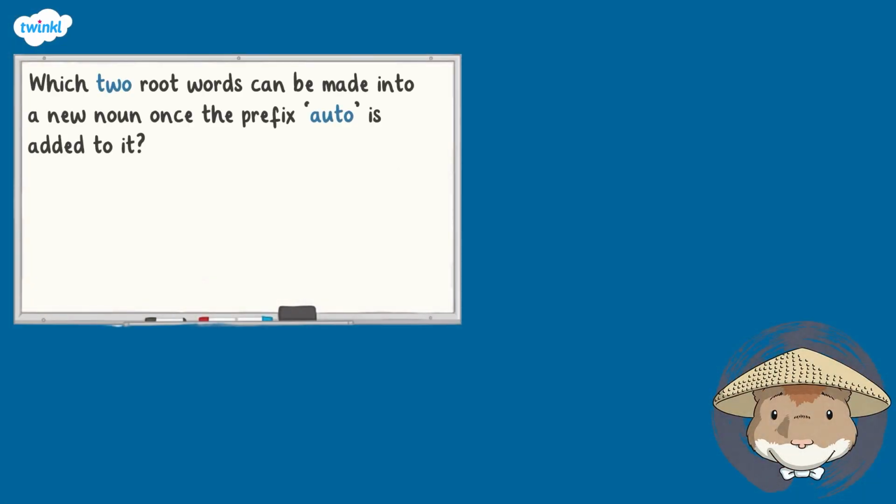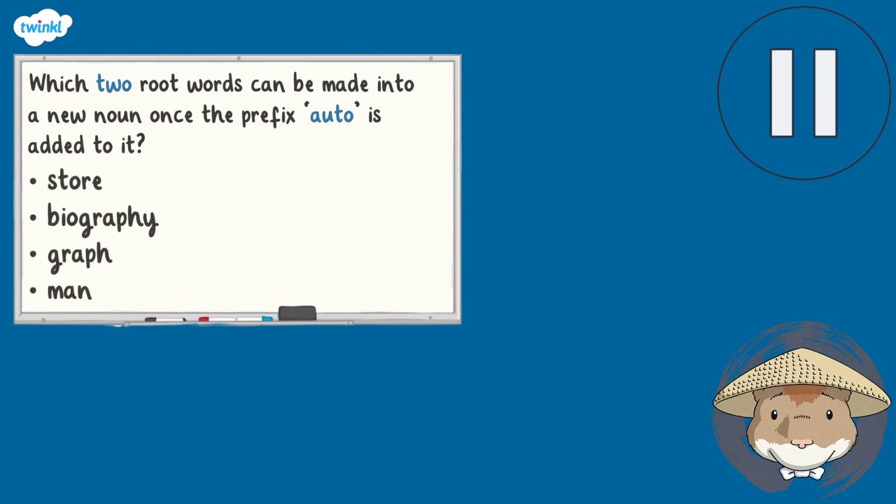Here you are being asked to identify which two root words can be used to create a new noun when the prefix auto is added to it. The root words are store, biography, graph, and man. Well done if you said biography and graph.